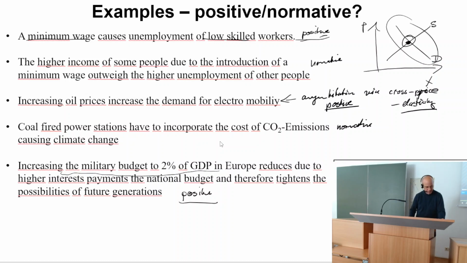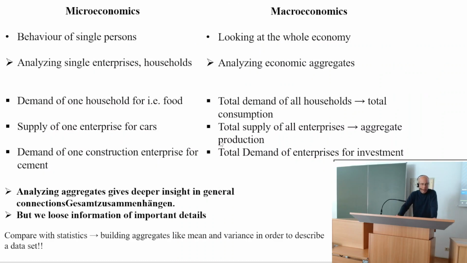Then we come at the end to a small look at what we already talked about. What is the difference between micro and macro? Of course, here we look at the behavior of single persons, and here we look at the whole economy. And this means, in general, we make a process of aggregation.